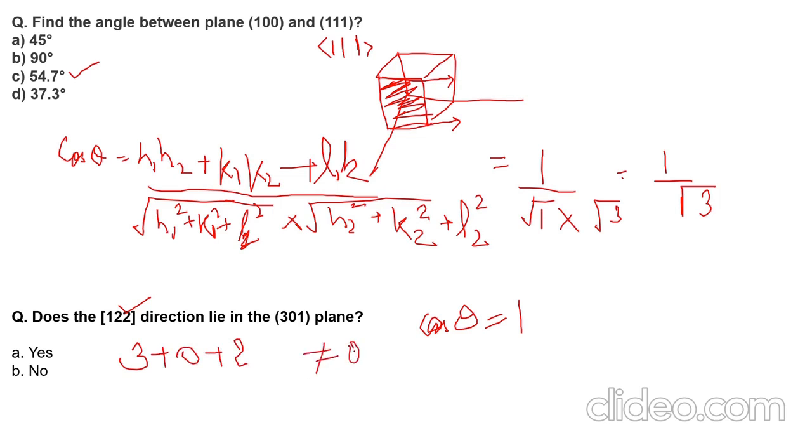Sorry, I just wrote it wrong. It is actually cos of theta should be 0. Then only you can say that the direction lies in the plane. So here the dot product is not equal to 0. Thus the direction does not lie in the plane. So no is the right answer.